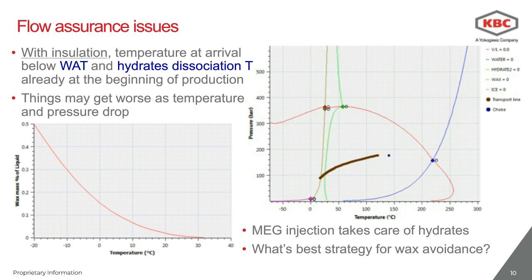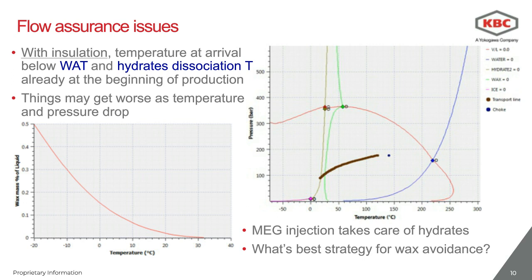In fact, if we compare the predicted temperature of arrival, which is around 10-15 degrees, we can look at the amount of separated wax at that temperature. In the diagram on the left-hand side, you can see the wax precipitation curve, which represents the fraction of separated wax in the total liquid.